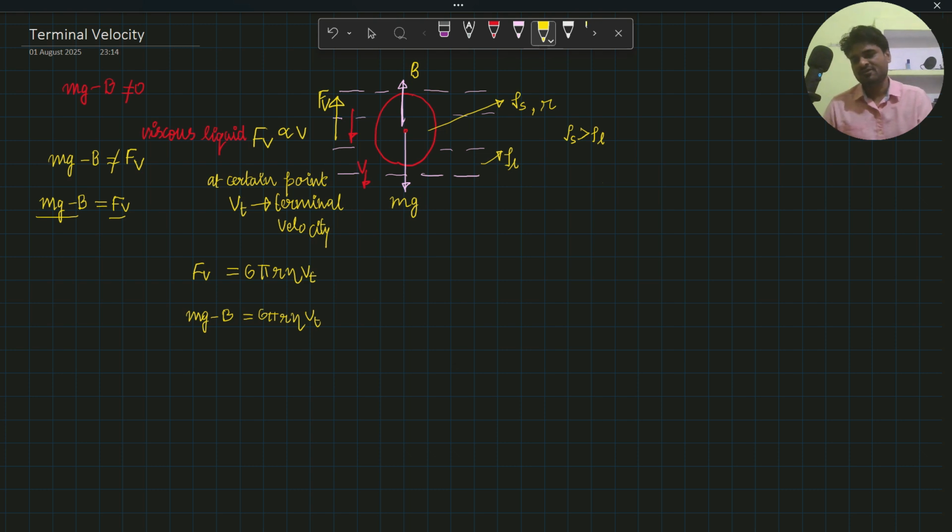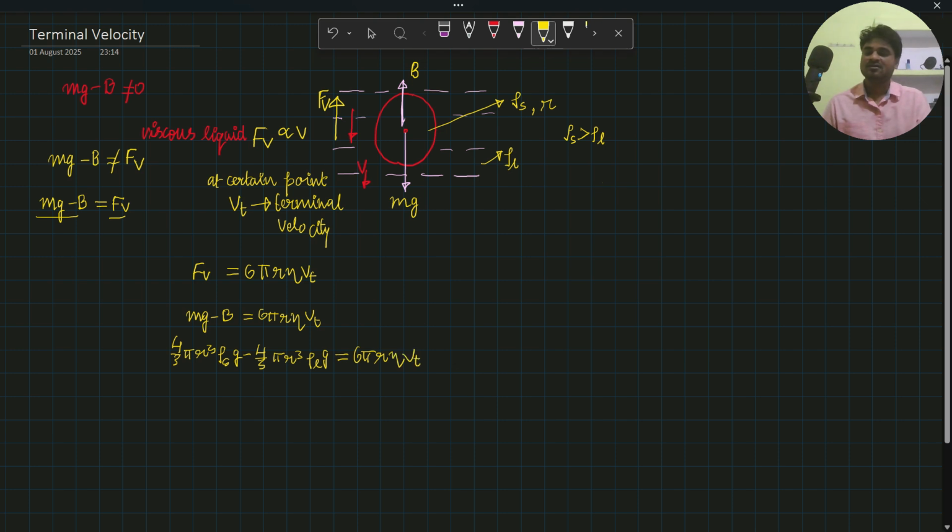So mg can be written as 4 by 3 pi r cube rho solid g, minus 4 by 3 pi r cube rho liquid into g, and this should be equal to 6 pi r eta vt.